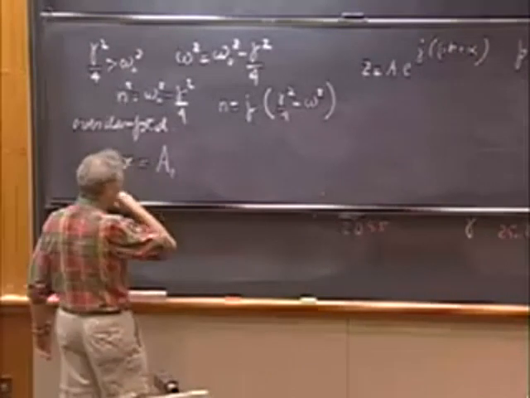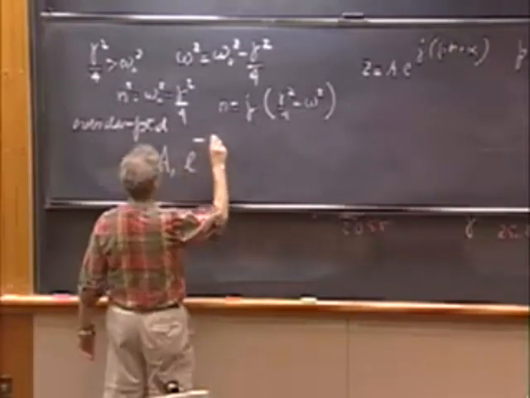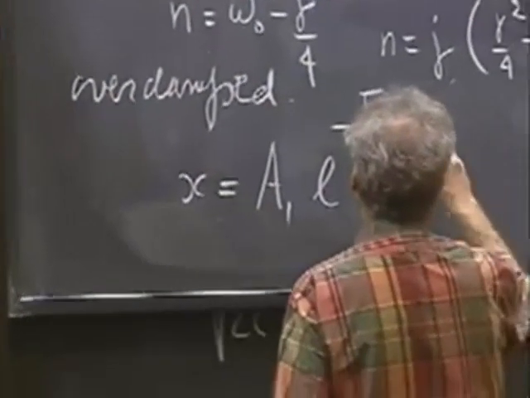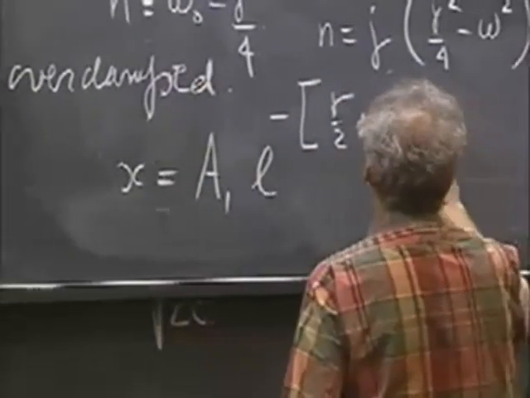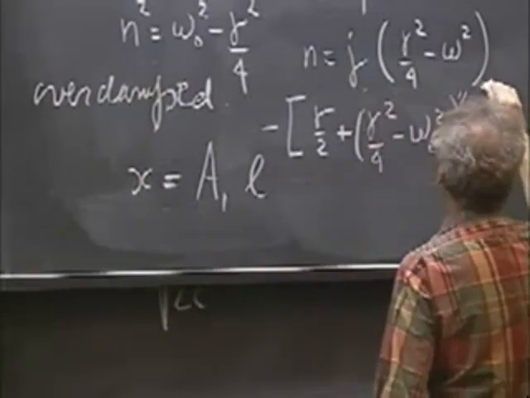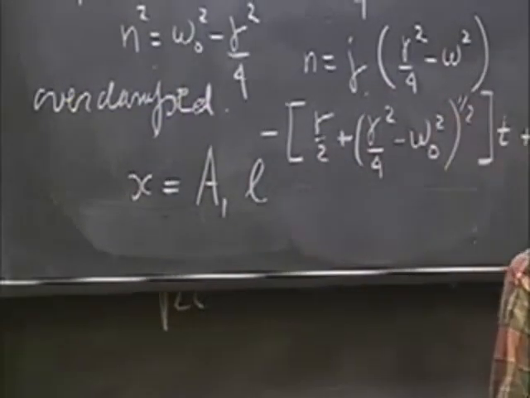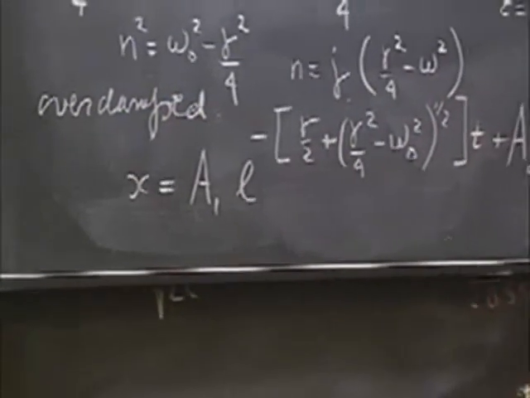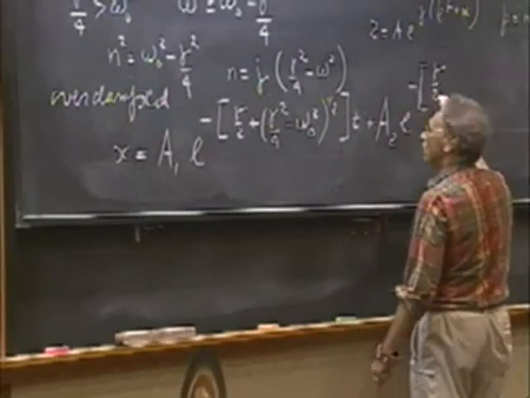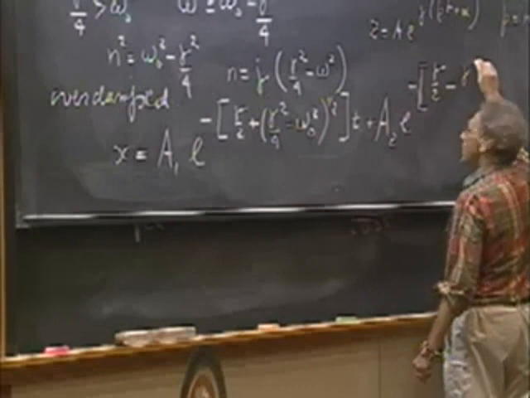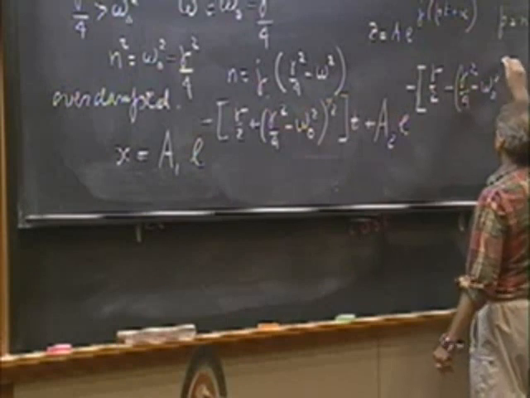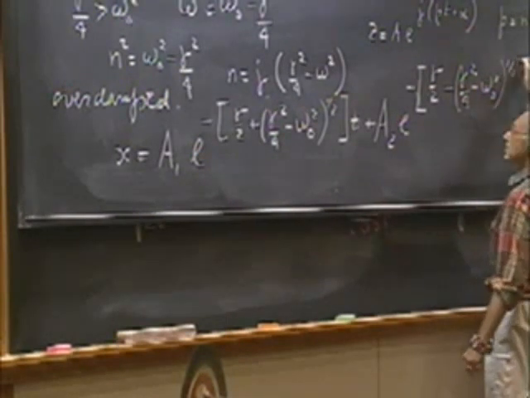A1, which is determined by the initial conditions, e to the minus, and now we get gamma over 2 plus gamma squared over 4 minus omega 0 squared to the power 1/2 times t, plus a2 times e to the minus gamma over 2 minus gamma squared over 4 minus omega 0 squared to the power 1/2 times t.